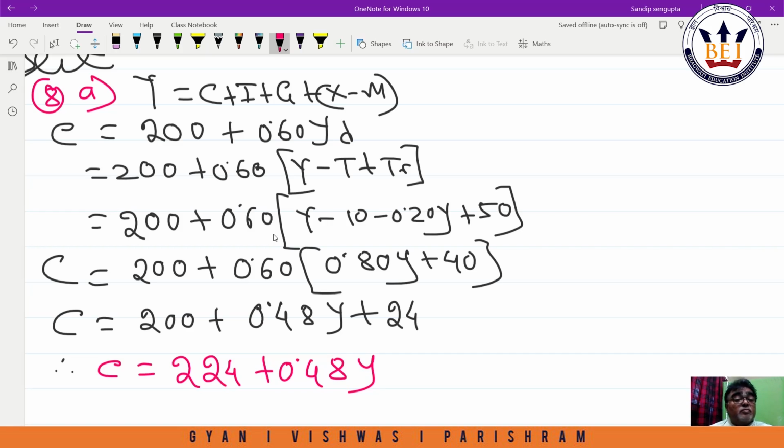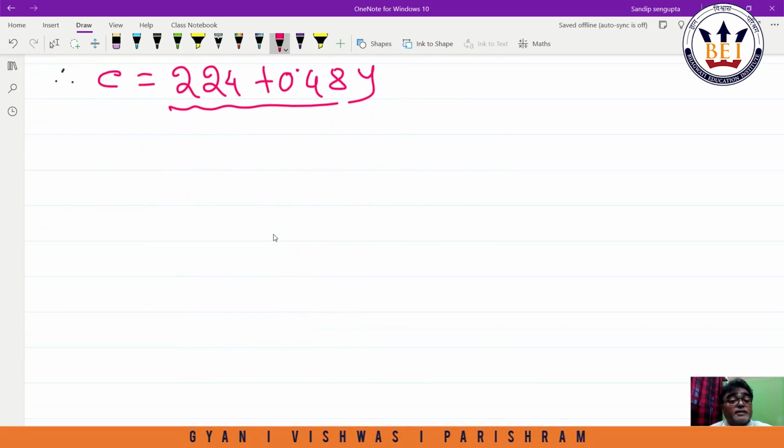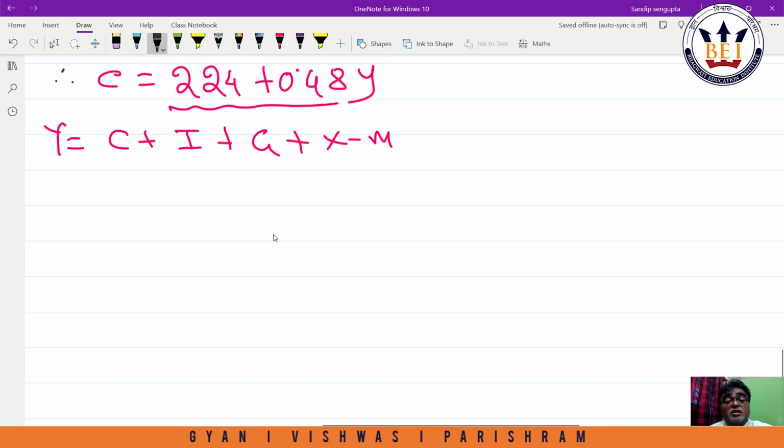From YD we can make it at a glance, but I don't prefer this. It is always advisable that my students find out the value of C first, then the simple way is to just put this value. What do we know? Y is equal to C plus I plus G plus X minus M. C I just found out. So Y is equal to what should I write?